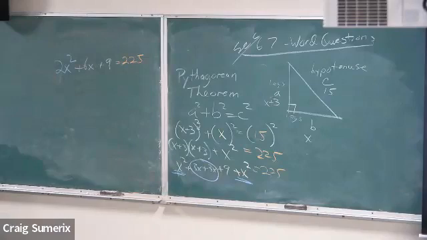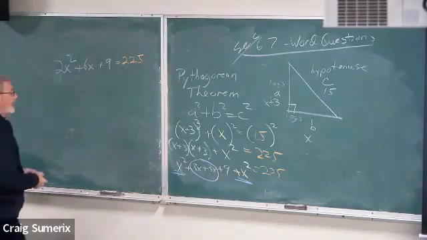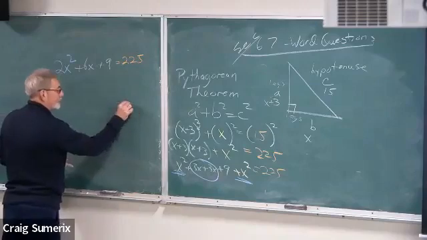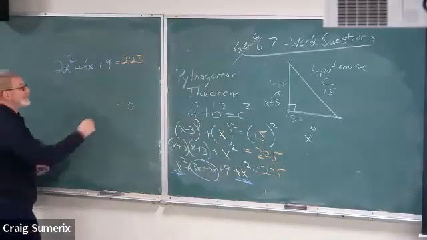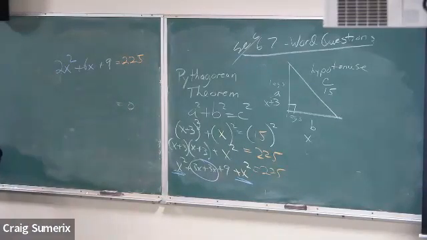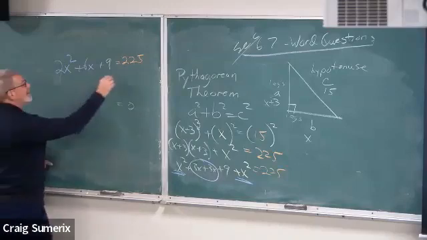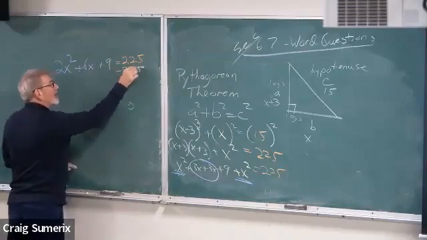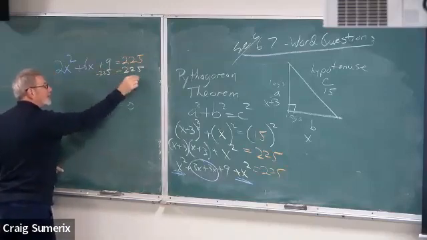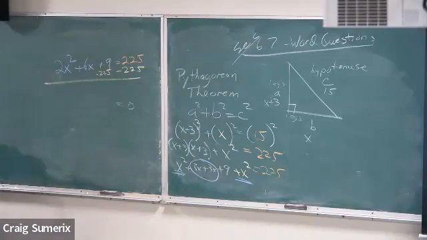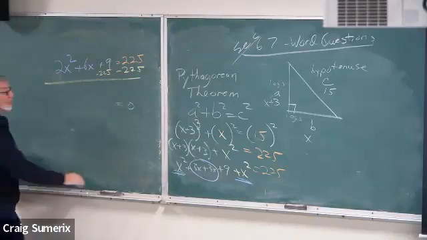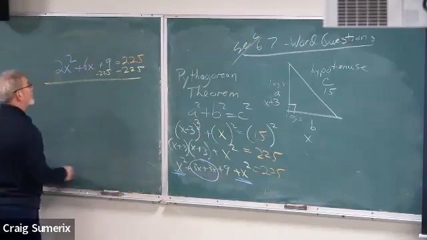We need it to equal 0. So we're not going to subtract 9, but we're going to subtract 225 instead. Right idea, wrong number, because the 9's not going to help us get to 0.